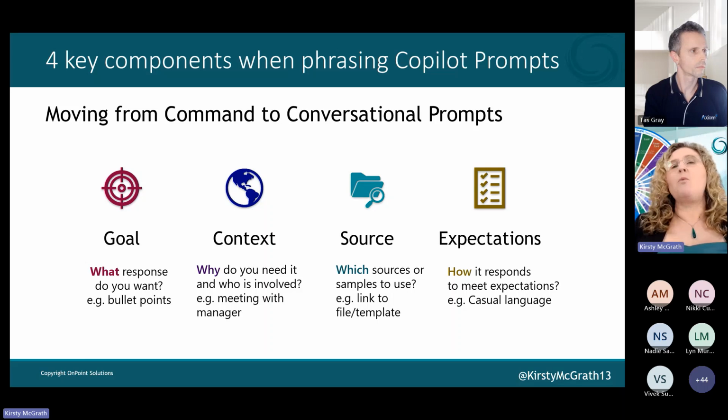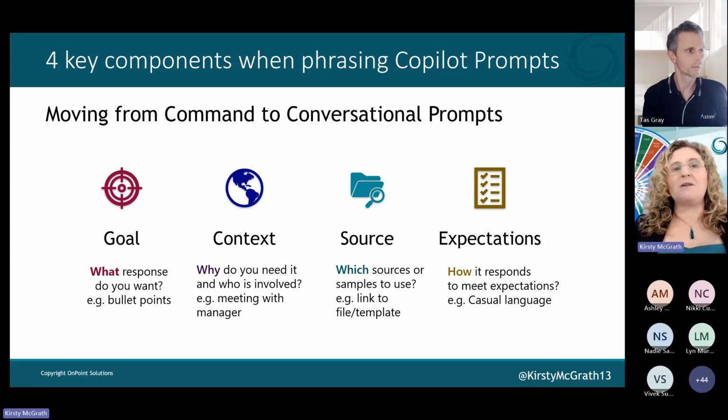So first things first, what do we need to do as prompting? One, you've got to have a goal in mind. So what do you want? I want a paragraph, a short paragraph, a long paragraph. Do I want bullet points? What is your goal as that kind of output? Then, context. So why do you need it? Who's involved in it? I'm having a meeting with my manager.